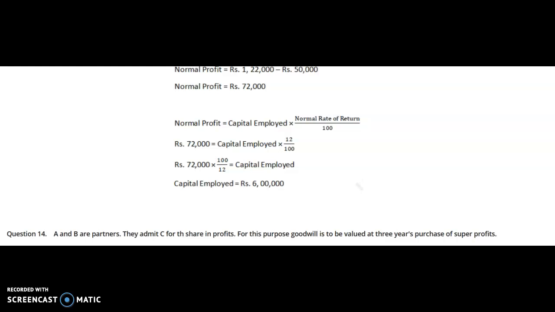Very simply, you take the capital implied as X, multiplied by the normal rate of return 12 divided by 100 because it is in percentage, equals 72,000, the normal profit as we calculated. This way you would find the amount of capital implied, rupees 6 lakh. I will continue in my next video with the calculation of goodwill by the capitalization method.